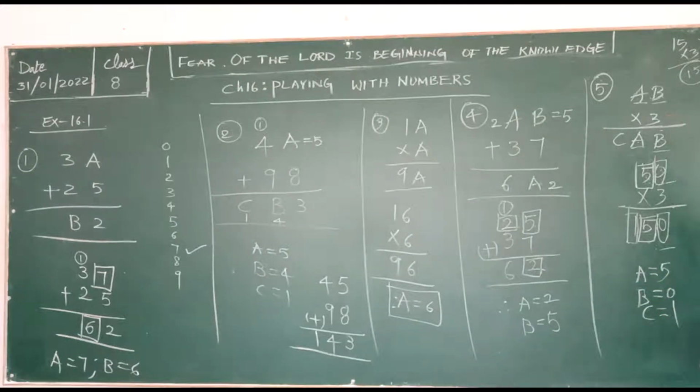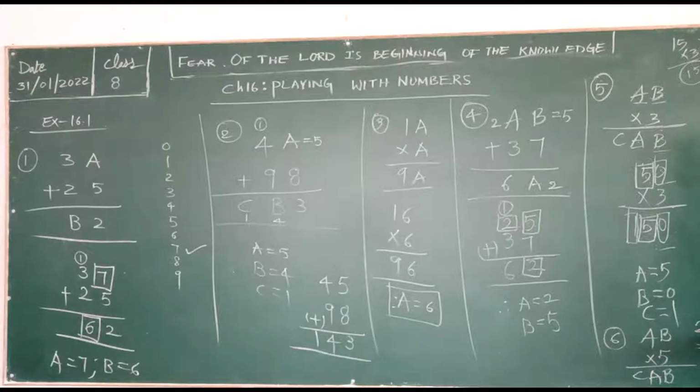Sixth question, who is going to answer now? Same kind of question, AB into 5 is CAB. It was AB into 3 giving CAB, and now AB into 5 giving CAB, which possibility is there? Very simple.